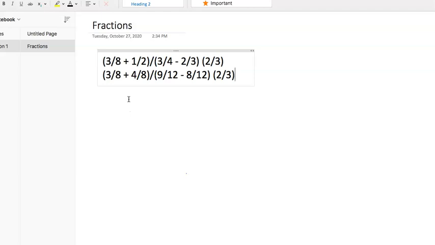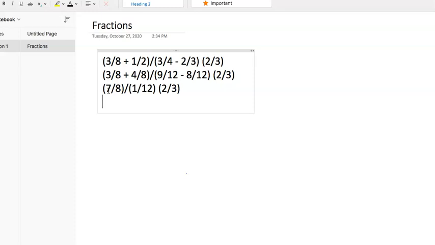So 3/8 plus 4/8 is going to be 7/8, divided by 9/12 minus 8/12, which is 1/12, right? And then we'll still leave that 2/3 just hanging out by itself, times 2/3. So 7/8 divided by 1/12.